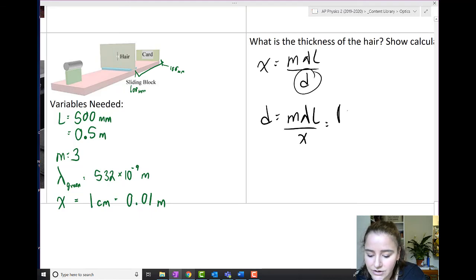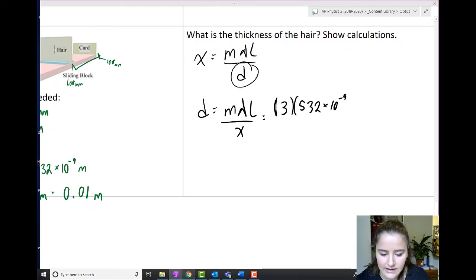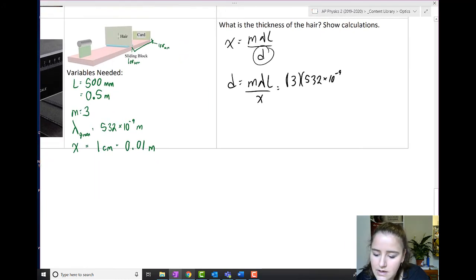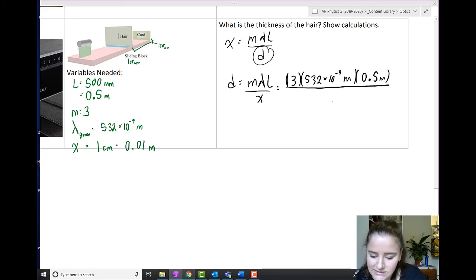So our m is our third maxima, wavelength 532 times 10 to the negative 9 meters times L, which was 0.5 meters, divided by the distance between that spacing, 0.01 meters.